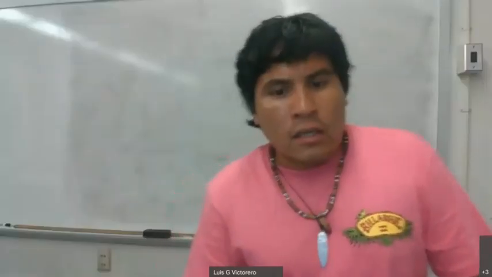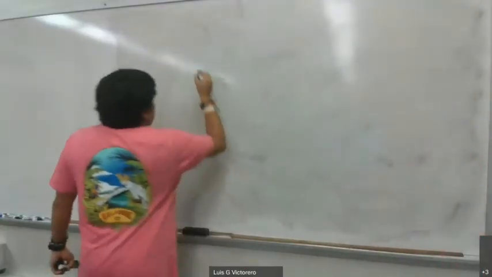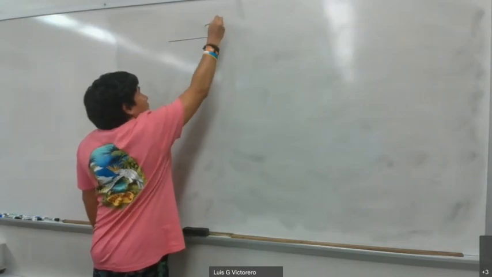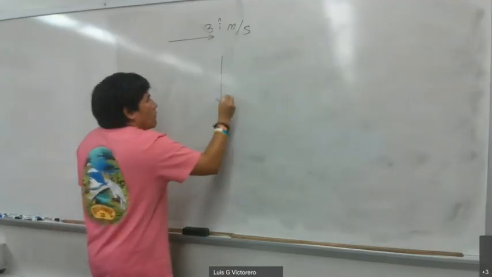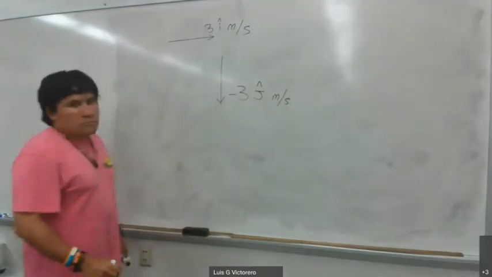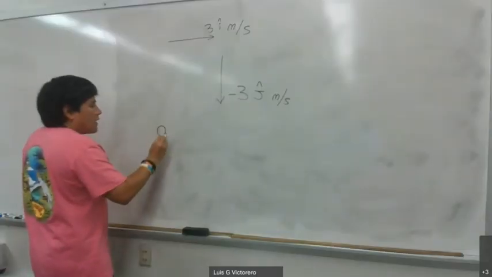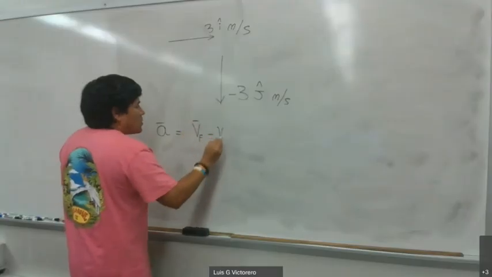So just to show you very quickly, if you are going with a car, this, let's call it 3i meters per second, and then you change it to minus 3j meters per second, even though the magnitude of the speed is the same, the acceleration, the vector acceleration, is the final velocity minus initial velocity.